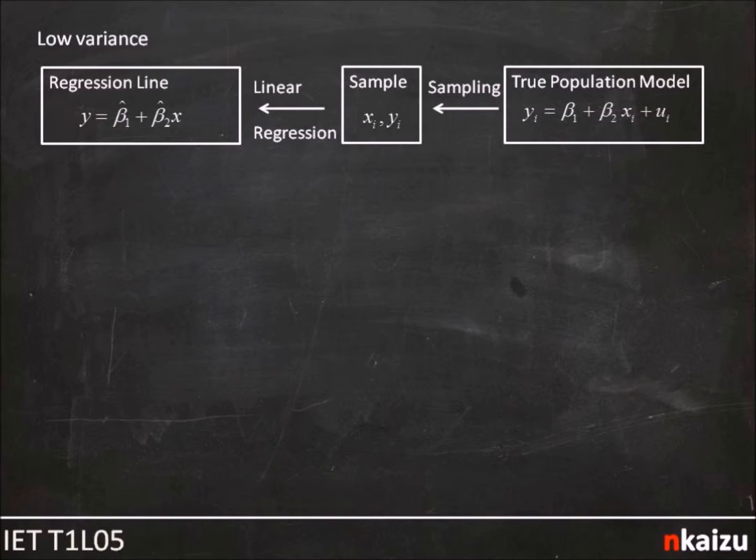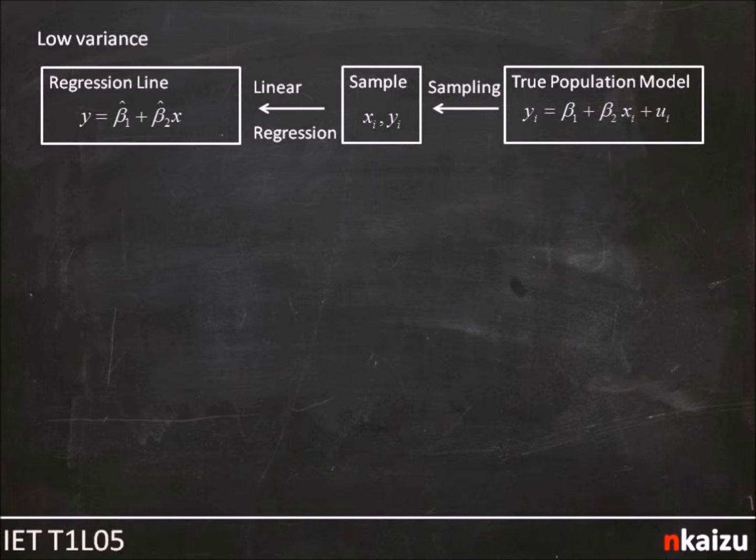So here we have illustrated the linear regression process. In the top right hand corner we have the true population model with the unknown beta 1 and beta 2, the population parameters that we are trying to estimate. In the top left hand corner we have the regression line, which represents our estimate of the true population model.